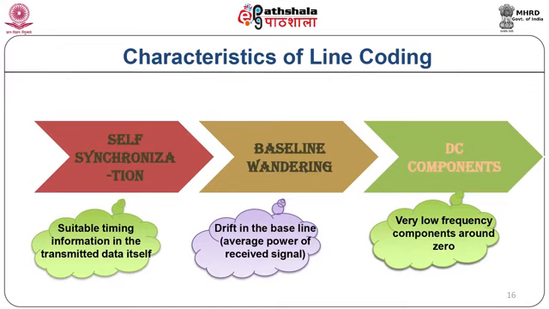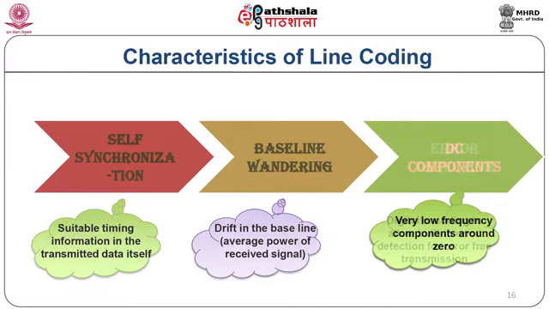At the receiving end, the clock signal is recovered from the received data. This requires the signal to contain a sufficient number of transitions, and if sufficient transitions exist, a good recovery of the clock is guaranteed.